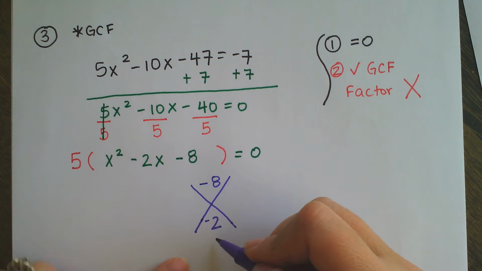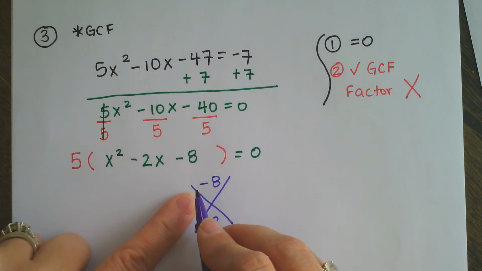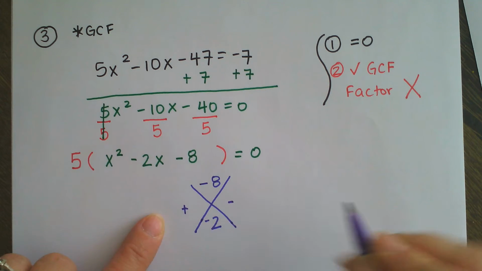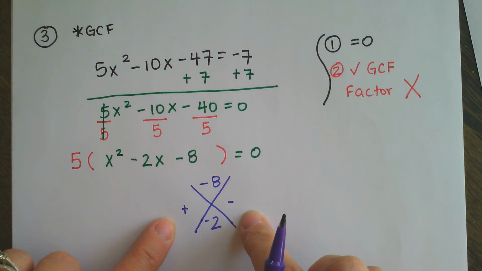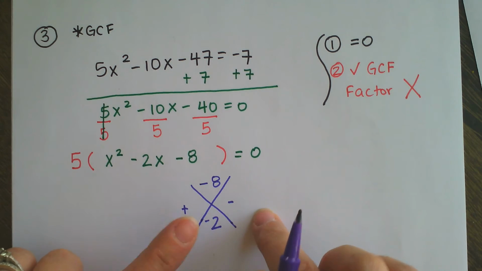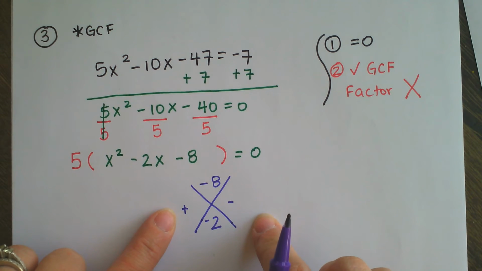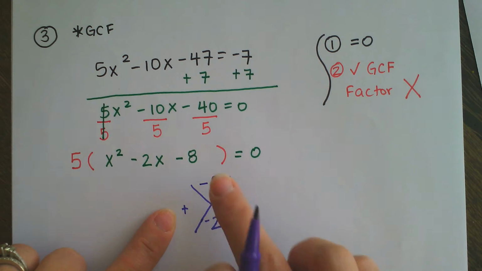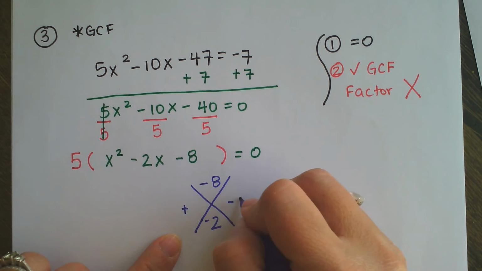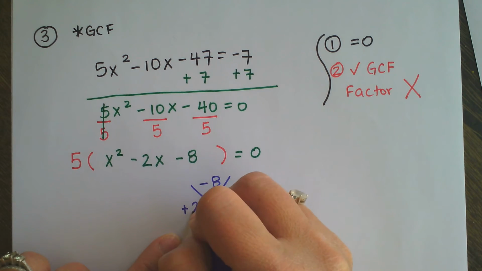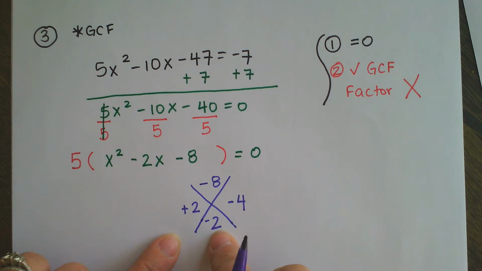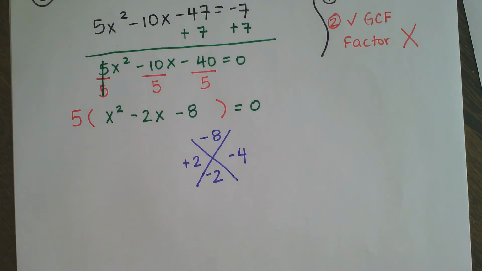So when I set up my factoring, it gives me a couple of hints. Because it's a negative 8, I know I'm going to have a positive and a negative. Because it's a negative 2, I know of that pair of numbers, the bigger number is going to be my negative. So 8 is 4 times 2, but I'm going to make 4 my negative, so that 2 minus 4 is how we get that negative 2 on the bottom.